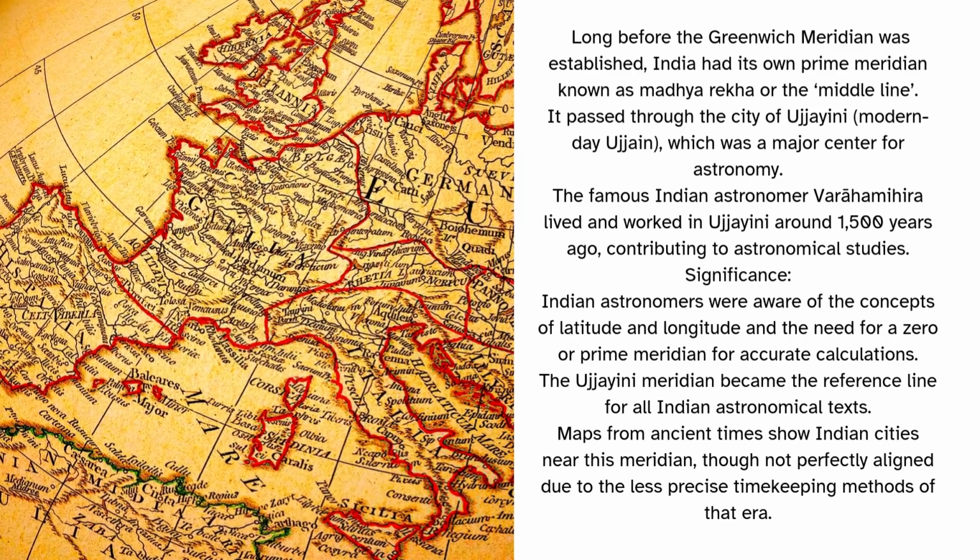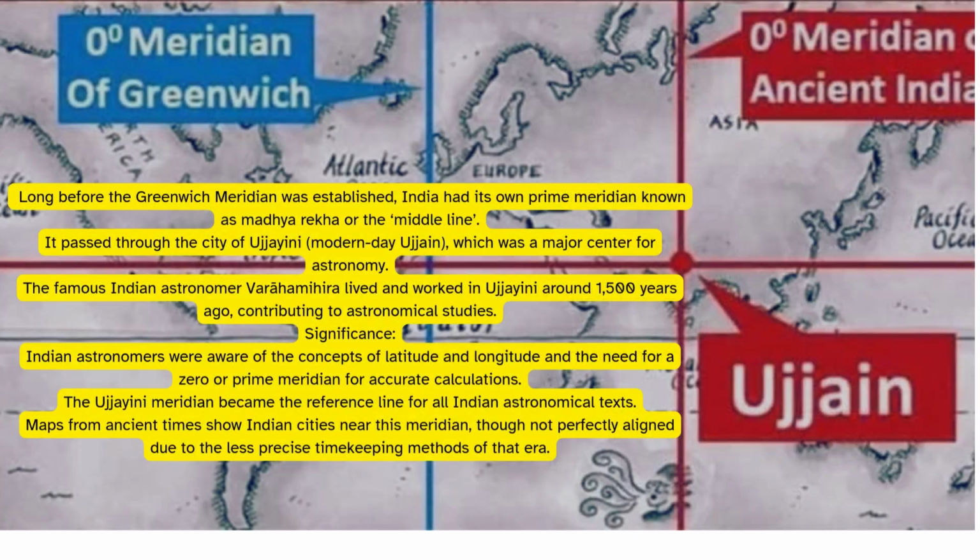The famous Indian astronomer Varahamihira lived and worked in Ujjaini around 1500 years ago, contributing to astronomical studies. He was aware of the concepts of latitude, longitude, and the need for a zero or prime meridian for accurate calculations. So the Ujjaini meridian became the reference line for all the Indian astronomical texts.